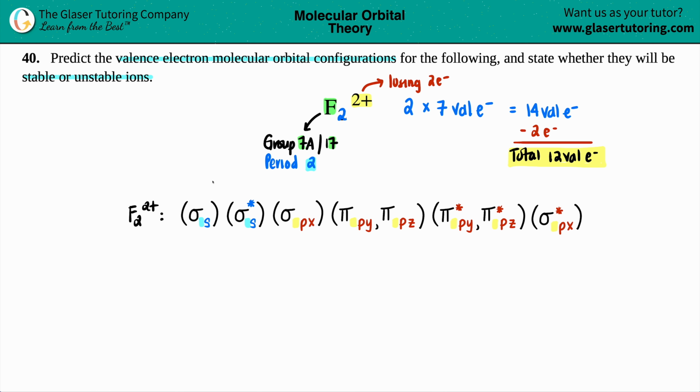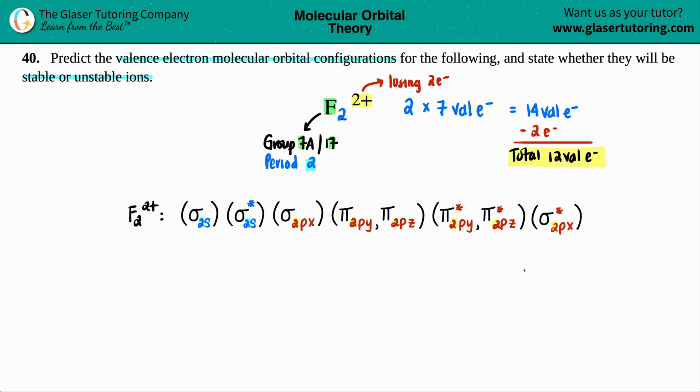So 2's all around. I have a sigma 2s. I have another sigma 2s, but this is antibonding. Antibonding is always the higher energy state of your bonding orbital. So for every bonding orbital, you always have its antibonding equivalent. And then we have your sigma 2px, then pi's: 2py, 2pz, 2py, 2pz, and then 2px.